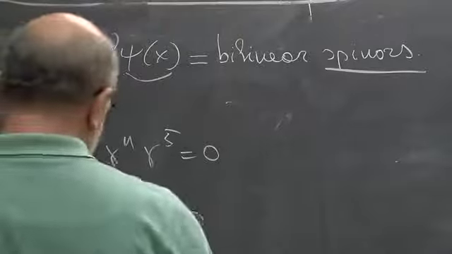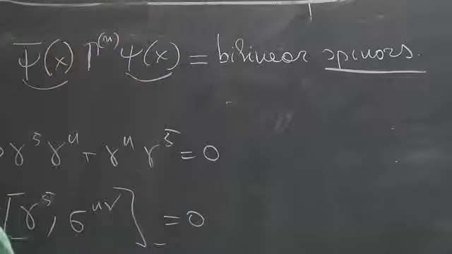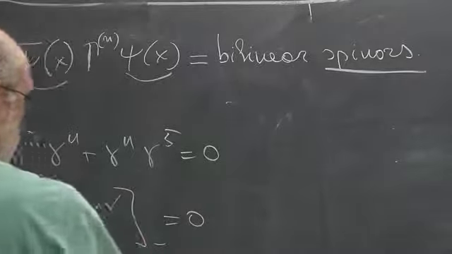What happens is every time gamma 5 goes through a gamma mu, it picks up a minus sign. So basically it goes through 2 times and it picks up a plus sign. The same with this one. That means when you put it on the right or on the left, you get the same quantity, so they commute.